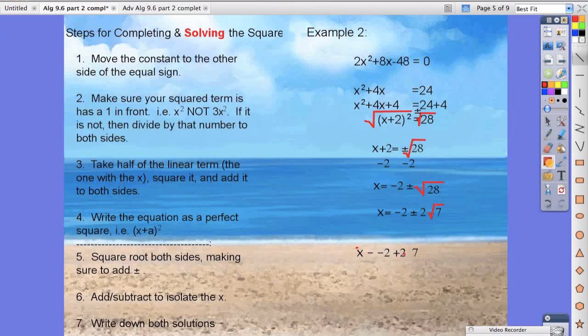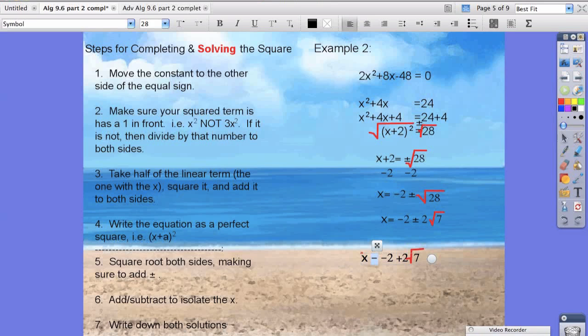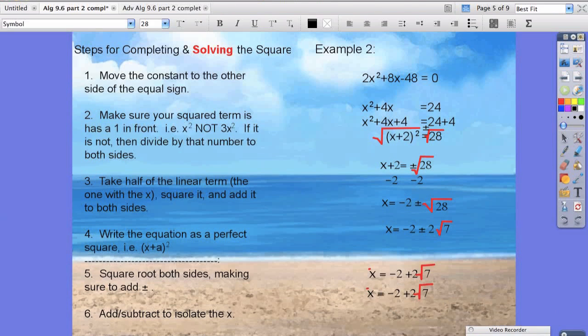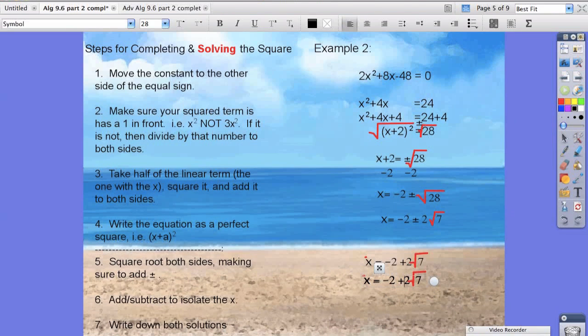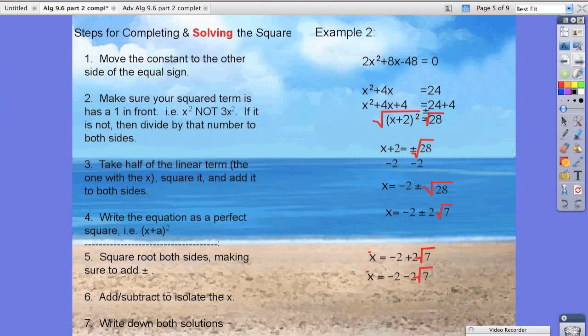And we have x equals negative 2 minus 2 square root of 7. And those are our two solutions.